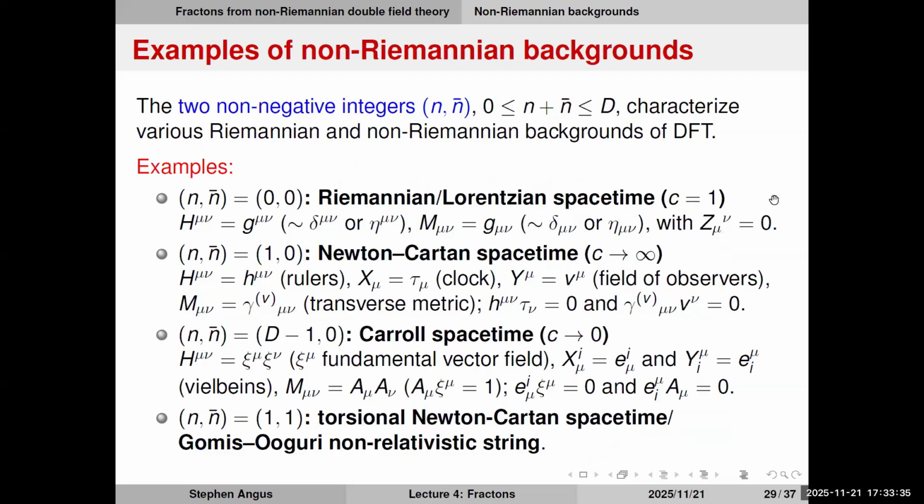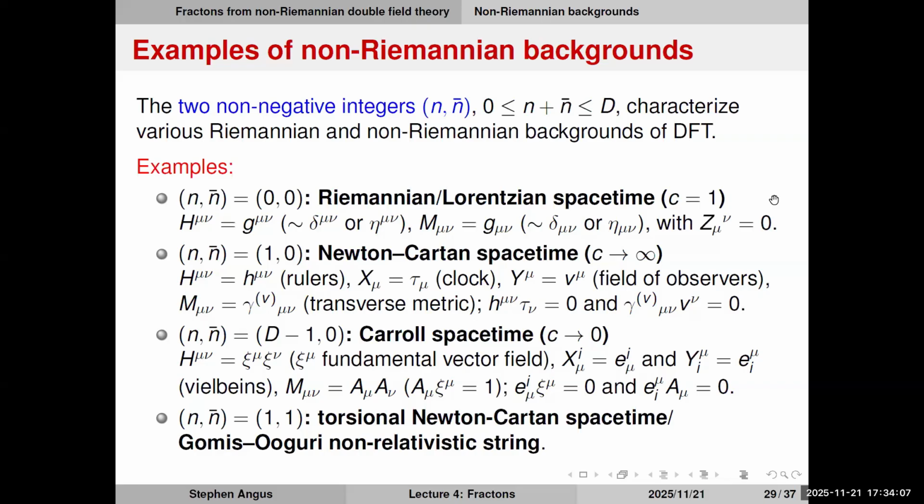So depending on these two non-negative integers n and n bar, we can get various Riemannian and non-Riemannian backgrounds. And some examples are 0,0 is just usual Riemannian or Lorentzian spacetime, where we recover the metric and its inverse, and this z mu nu equals 0. We also have Newton-Cartan spacetime, which is like Lorentzian spacetime in the limit where the speed of light goes to infinity.